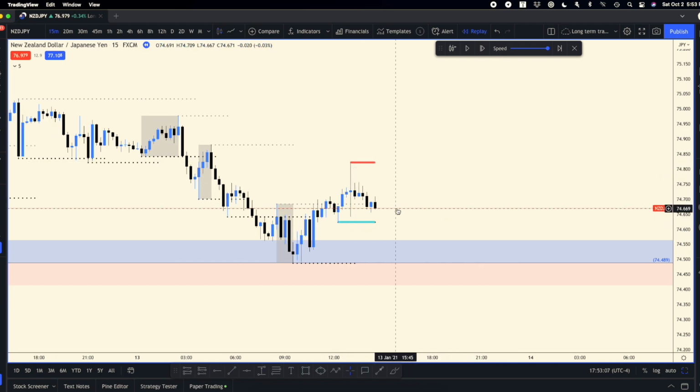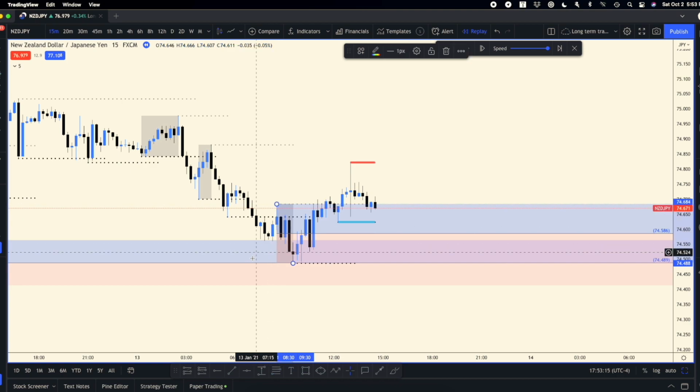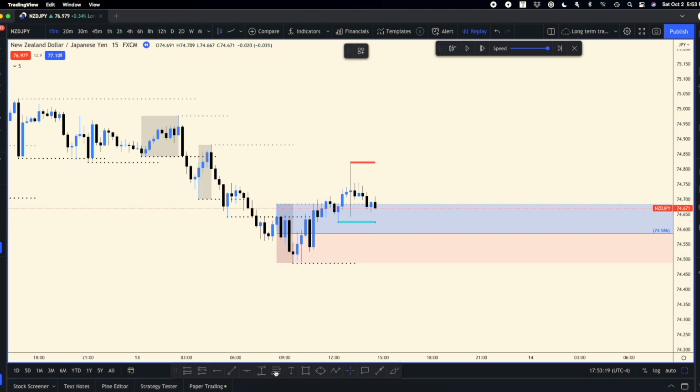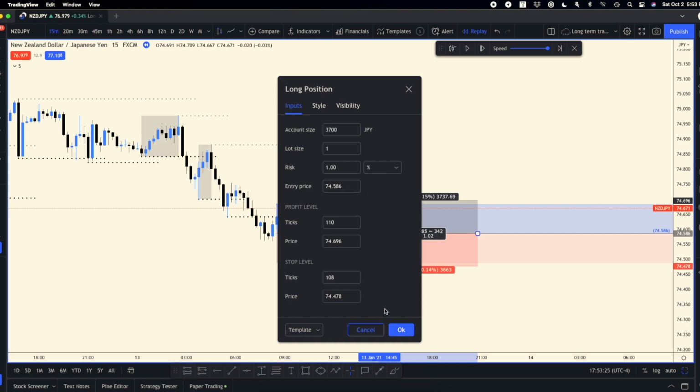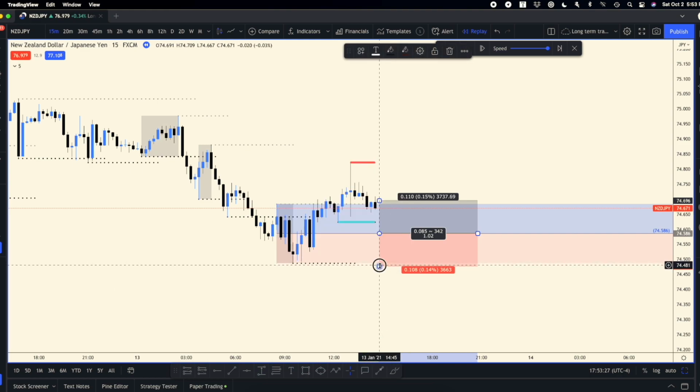I absolutely hate this, so I'm not gonna trade that. But I will put an order in right here. So this is our order. Oh, my bad, wrong one. 50% mark.